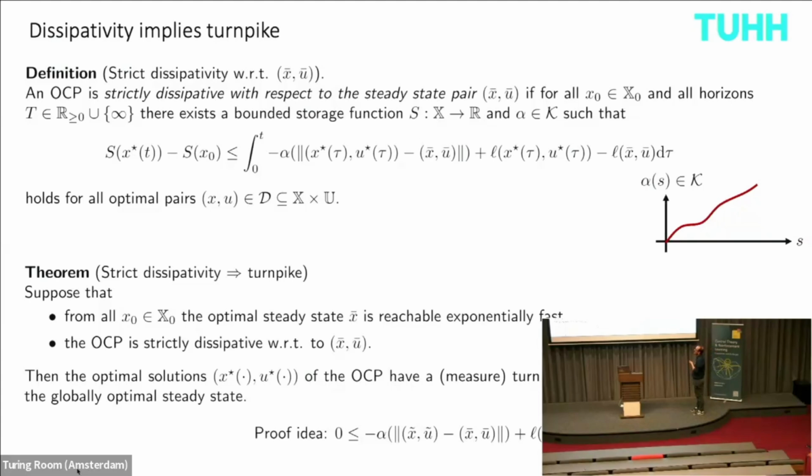How to see that? Well, consider this one here at steady state, then x star of t corresponds to x0. Okay, that's easy. So on the left-hand side, I have a 0. And if I'm at steady state, I can throw away the integral as well, end up with this inequality. Now assume x tilde, u tilde would be a better stationary solution for L than x bar, u bar, then this one here is negative because this would be smaller than this.